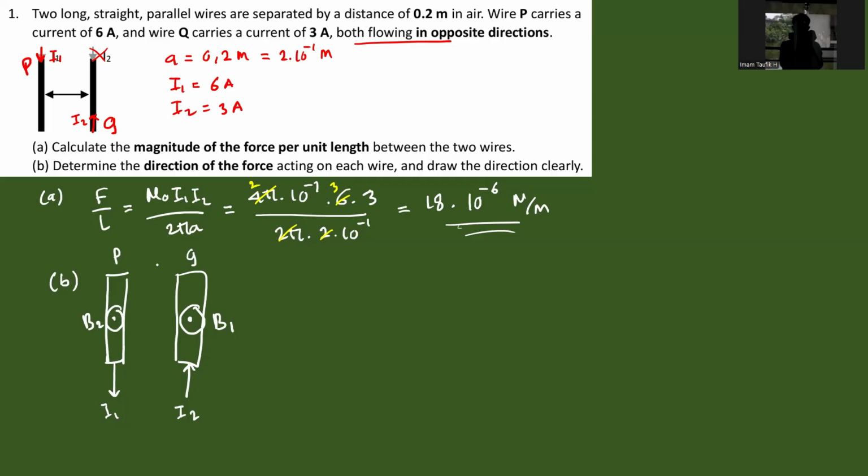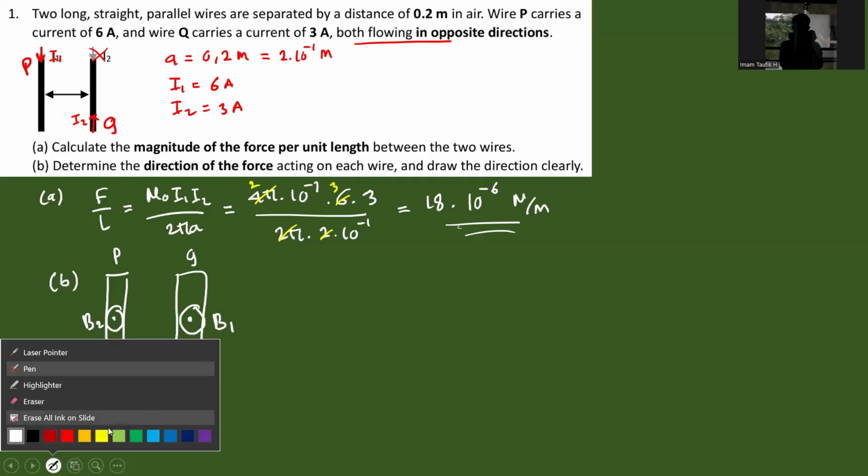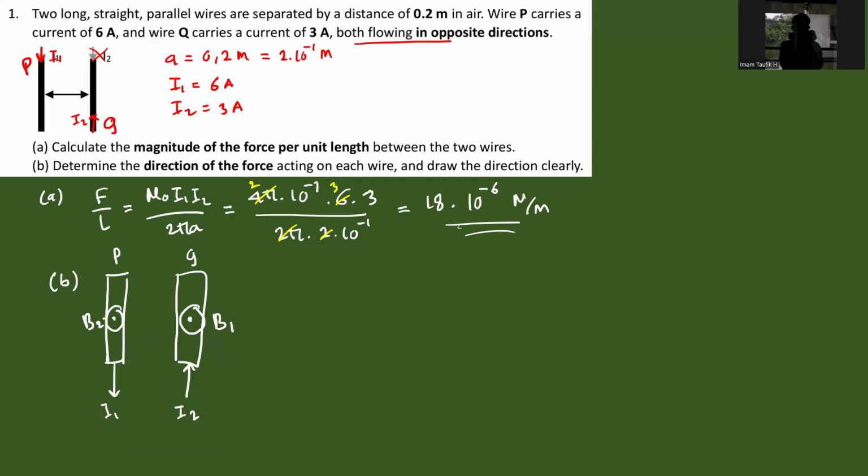So the force acting on wire P will be directed leftward. This is FP or F1. Next, for wire Q, it will be directed rightward, or outward. So this is FQ.